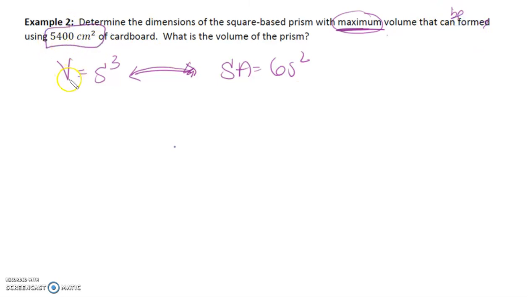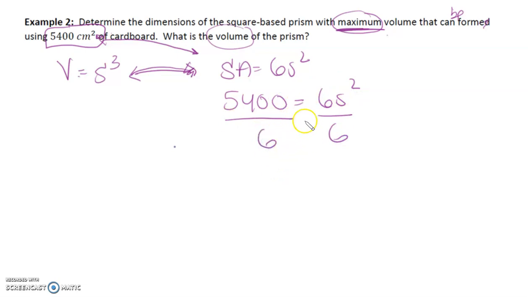We're going to use 5,400 centimeters squared of cardboard. Because it's squared, this is an area. Then it asks for the volume, so we have to use this formula. Divide both sides by 6. We're subbing the 5,400 into the surface area because that's what it gives us.